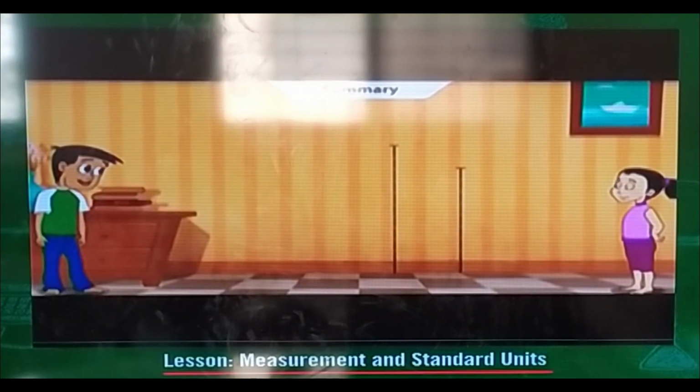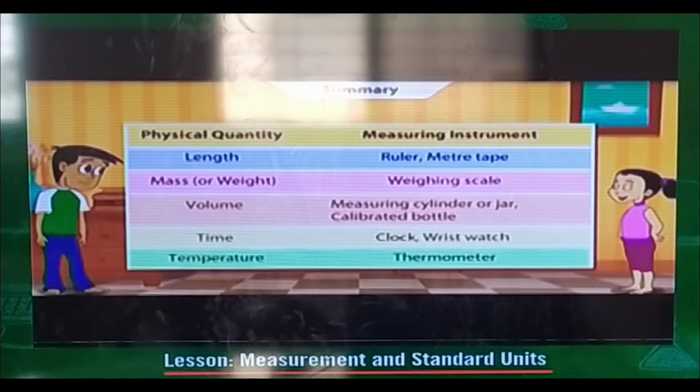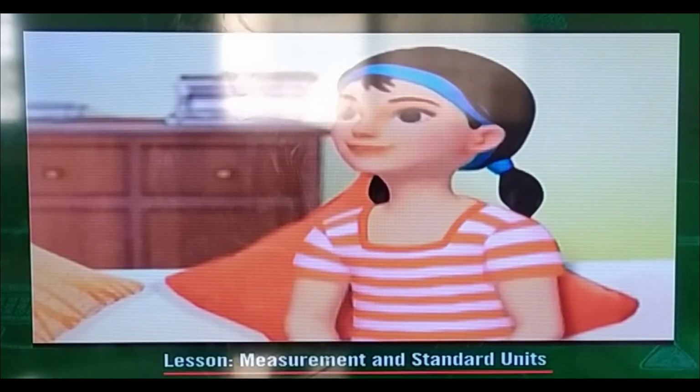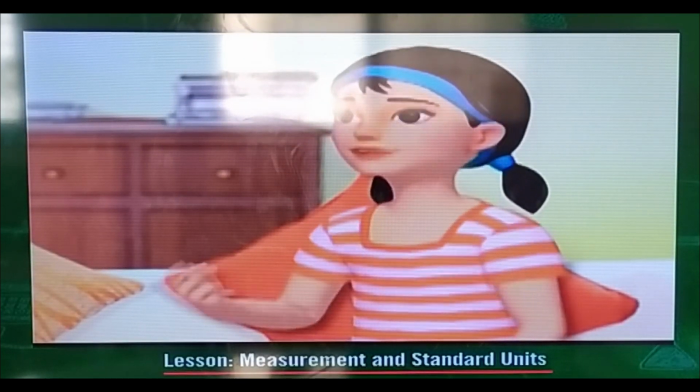Rita, now do you know why using the span of the hand is not a correct method of measuring length? Correct. That is why we come across so many measuring instruments in our everyday life to measure various physical quantities. And I was going to measure a room with a ruler.